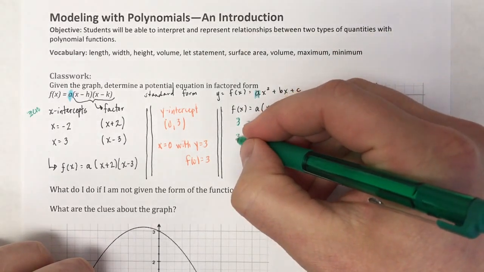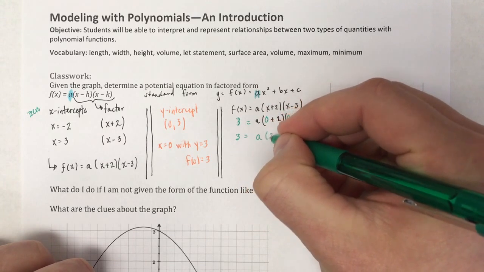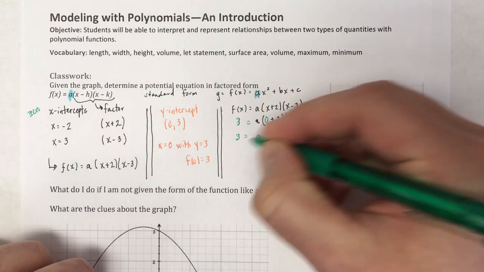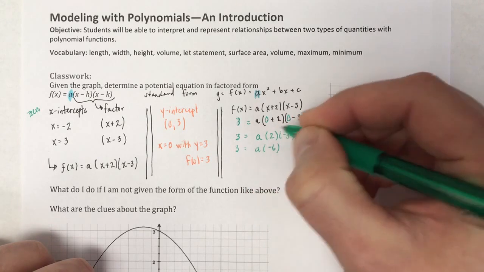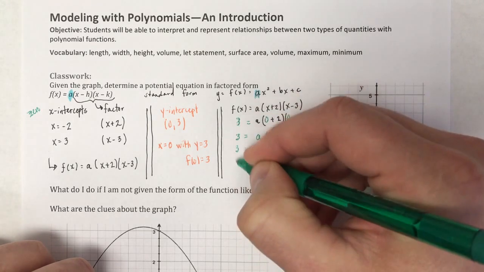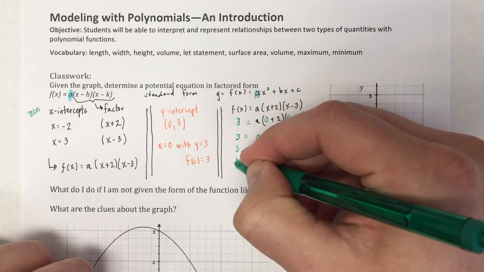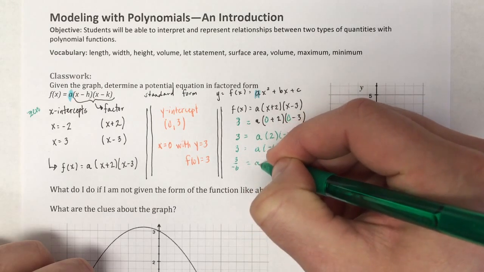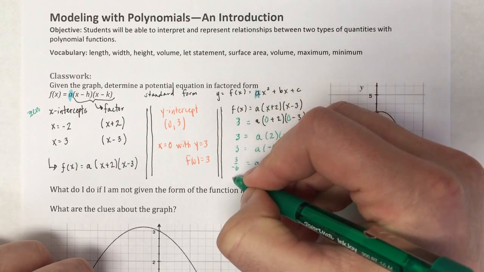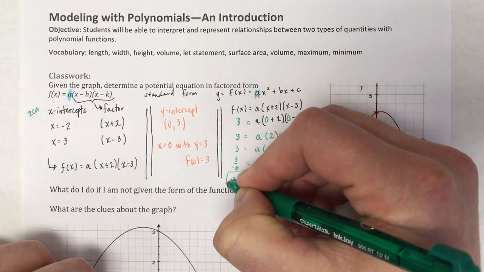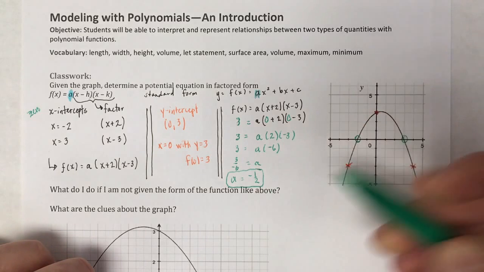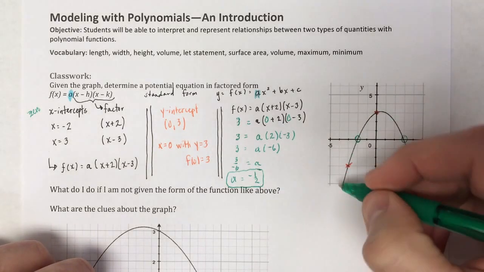And so 3 is equal to a times 2 times negative 3. 3 is equal to a times negative 6. If I divide both sides by negative 6, I'll get 3 over negative 6 equals a, or in other words, a equals negative 1/2. And so this is supported by the graph that we see, one, because it goes downward.